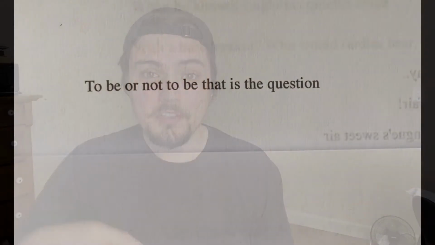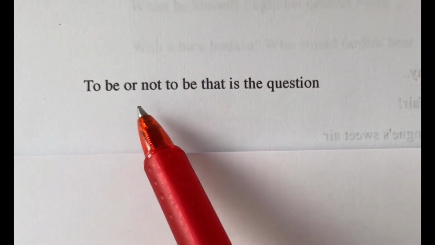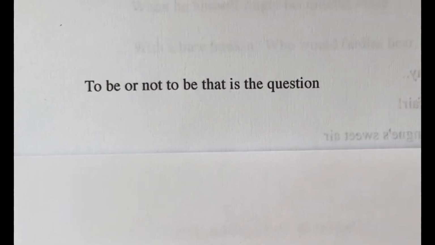I'll scan it out to show you. Right, so here's our famous Shakespearean line, to be or not to be, that is the question. We have 11 syllables.